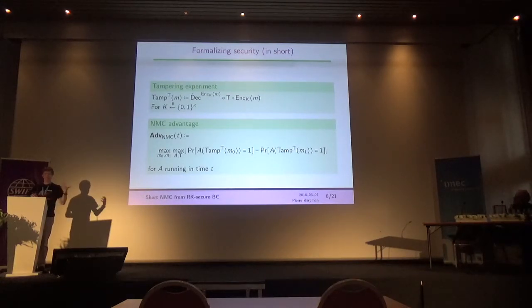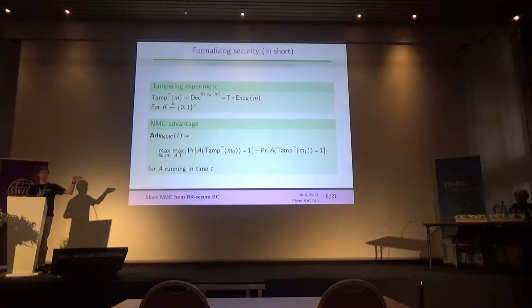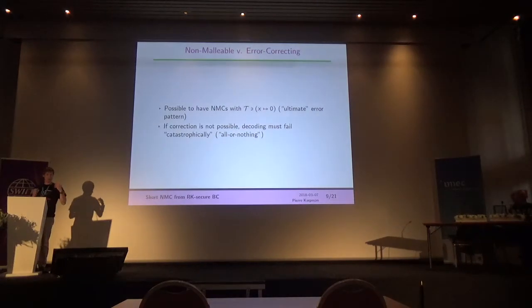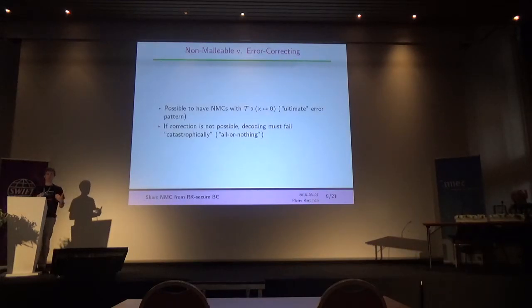With this tampering experiment, you can define an advantage function for an NMC, which is the distance between the tampering on M0 and M1, the maximum over adversaries, any messages and the tampering function. So kind of classical. And one last remark before going to the next part: you can contrast non-malleable codes with classical error-correcting codes.